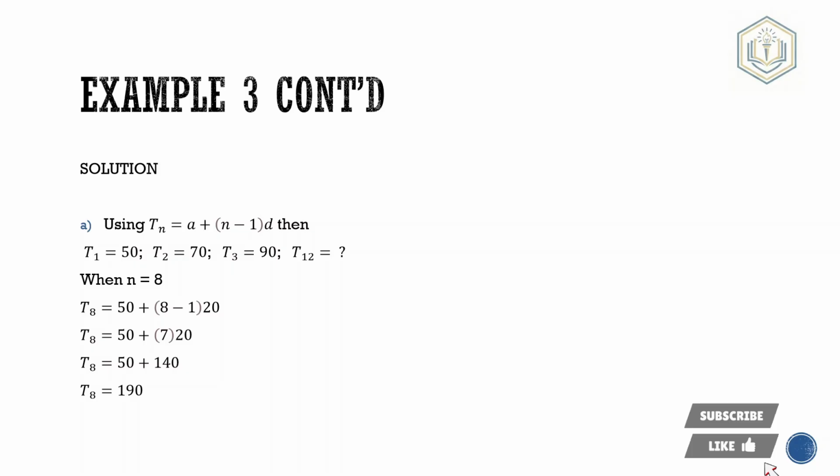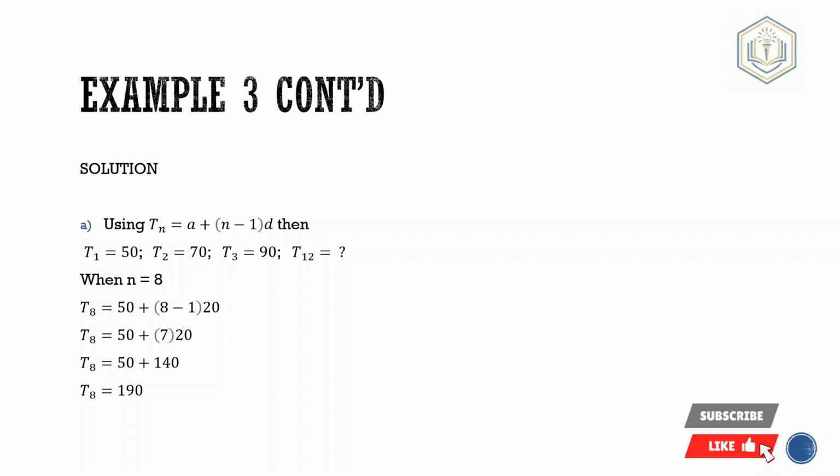So we're going to use our n-term formula. When you use your n-term formula, because we're using it for the 8th term, the formula for calculating any term in a sequence we know is T subscript n equals A plus open bracket n minus 1, close the bracket, times your D.